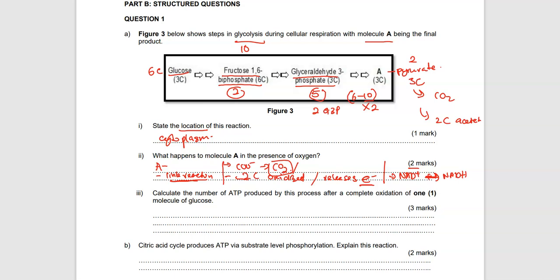And lastly, the end product of link reaction forms from acetate. Acetate is a 2-carbon compound that will combine with CoA to produce acetyl-CoA. So at the end, it forms acetyl-CoA as a result of acetate binding to CoA.